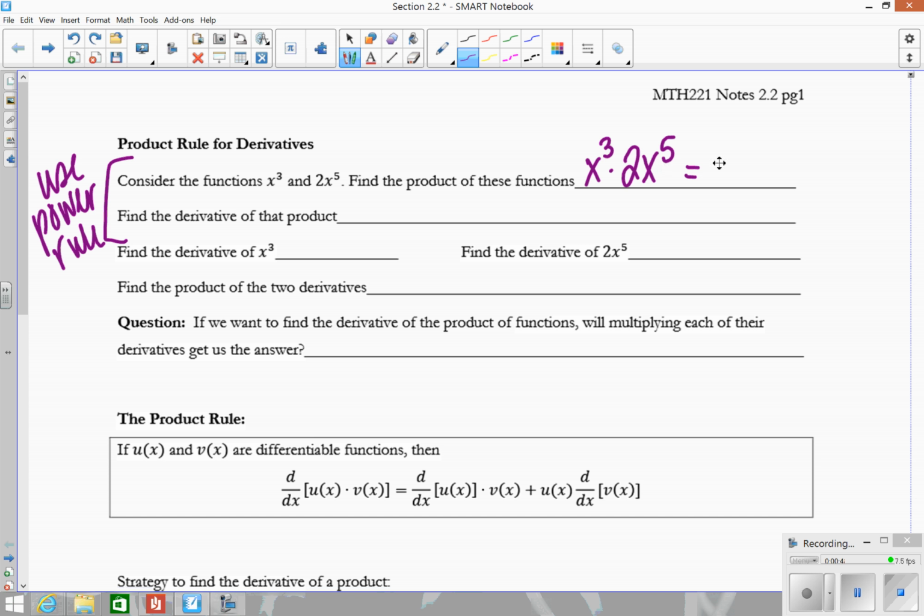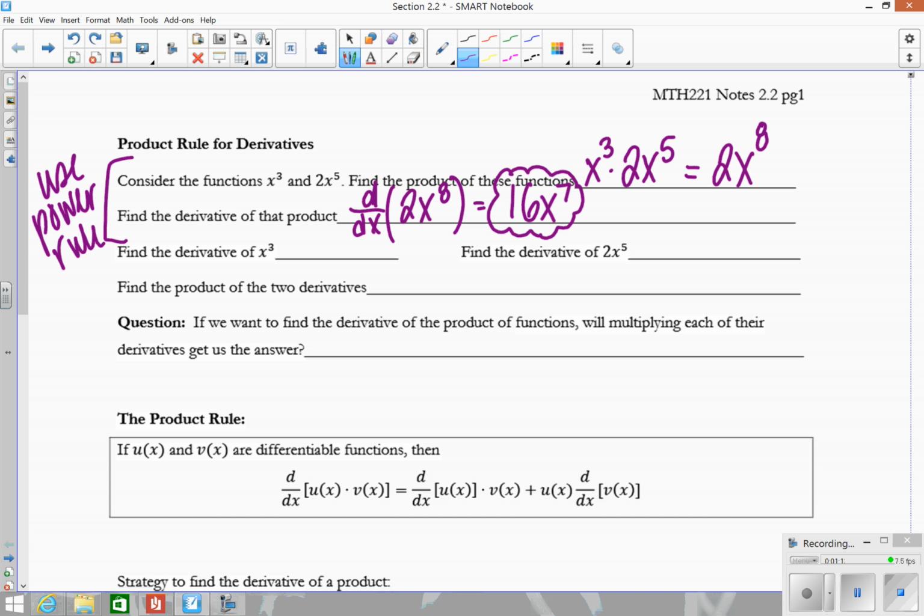Multiply the coefficients, 1 times 2 gives me 2. Keep the x, add the exponents. So there's the product. Now find the derivative of this. I take the derivative of the product, and I end up with 16, because remember the power rule: multiply the exponent times the coefficient, keep the x, subtract 1, so we get 16x to the 7th.